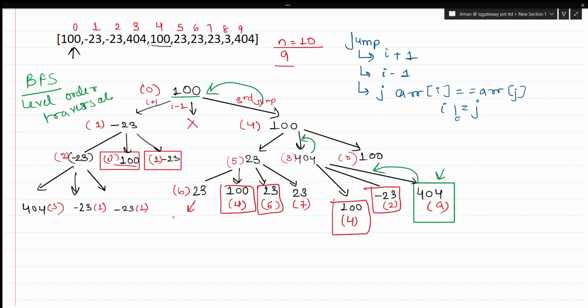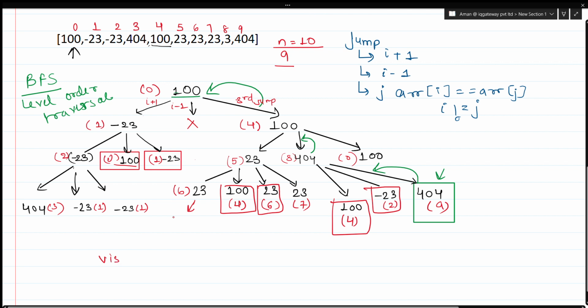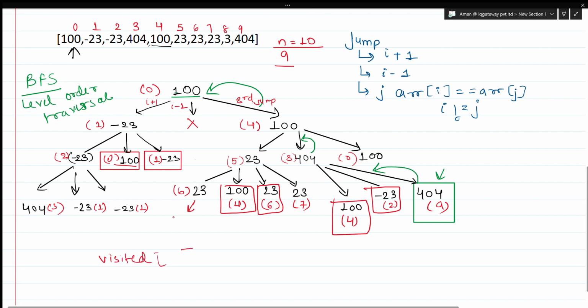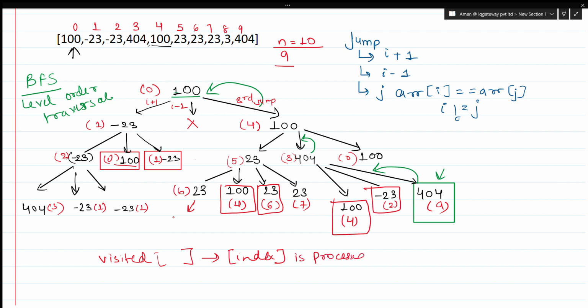And how can I reduce these jumps which are already processed? Can't we use a visited data structure or something, where visited of that particular index tells me that this index is processed or not?